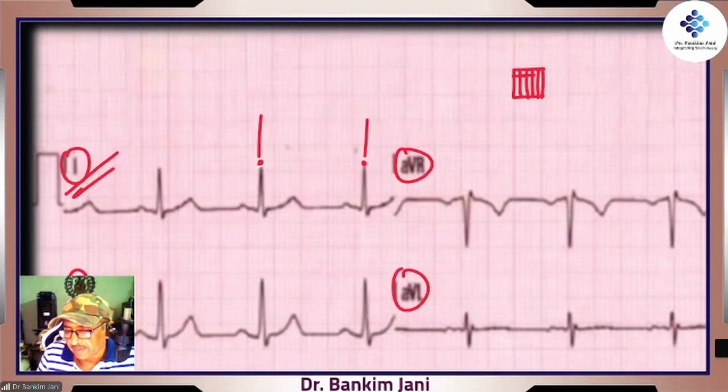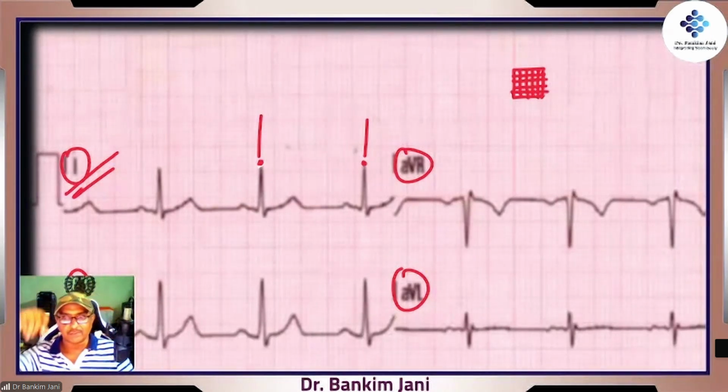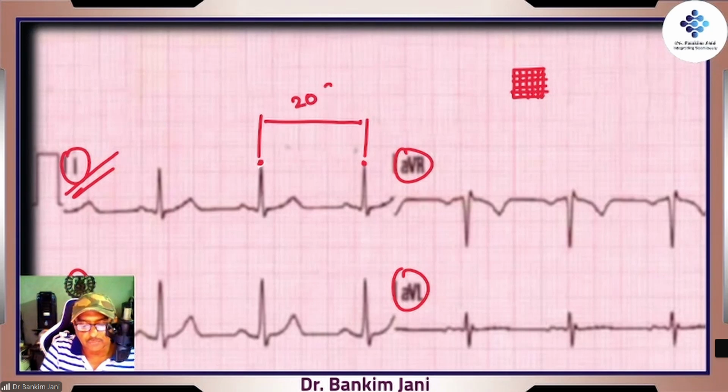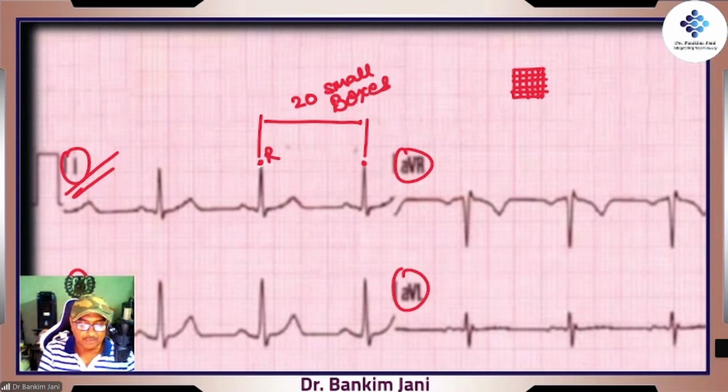Similarly, over here, 1, 2, 3, and 4. So in one big box, there are 5 small boxes. So in total, there would be 20 small boxes. So that's our R interval.